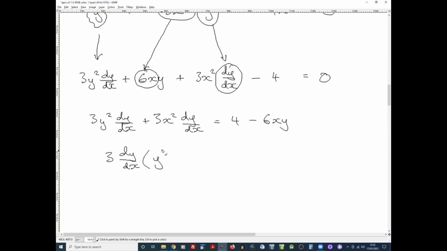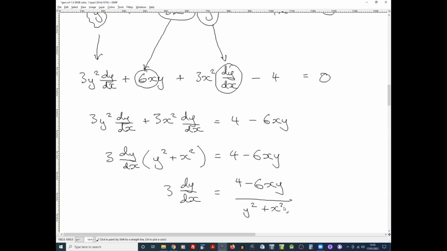Bring your y squared plus x squared to the other side. So 3 dy by dx equals 4 minus 6xy over y squared plus x squared, and then divide by 3.